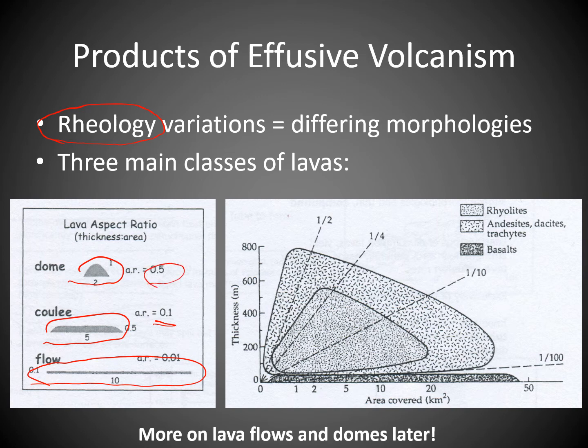So you can actually look at the thickness to length ratios on lava flows and get an idea of what their fluid properties are. And then, as we've talked about earlier, fluid properties are related to composition.